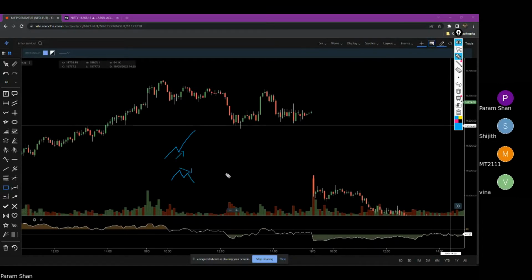Otherwise, you should not consider it a divergence. Exactly. If the price is making moves on the downside, then we expect the RSI to come like this and again drop. RSI will come here and again make this lower high. So it means the price is going to reverse very fast now.